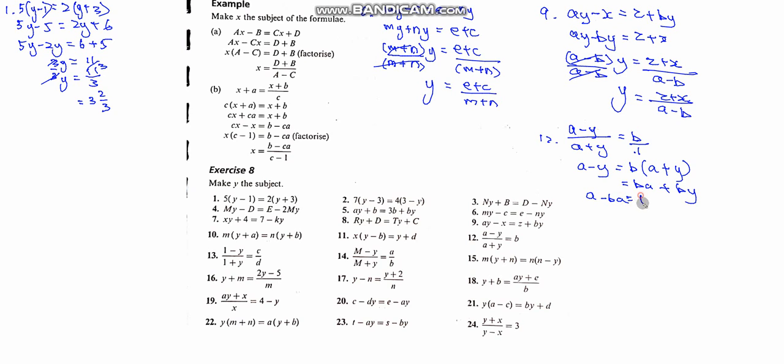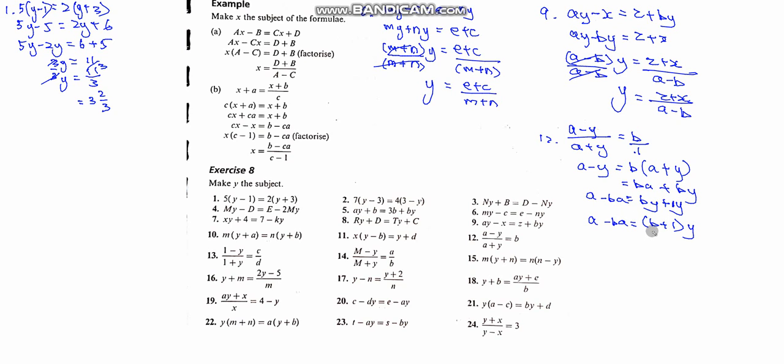So it's by. This brings over and becomes plus y. Now remember plus y means plus 1y. So the common factor in this case is y. So (b plus 1) times y equal to a minus ba.